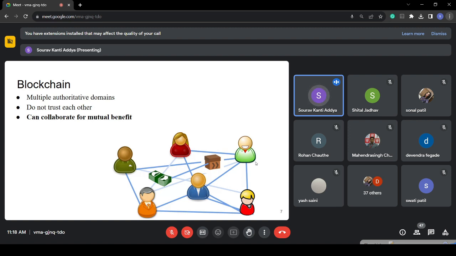And here the issue starts. Generally, the issue is they have their own authority in their domain. They are basically different, distinct entities. They do not trust each other, but they want to collaborate for some mutual benefit.